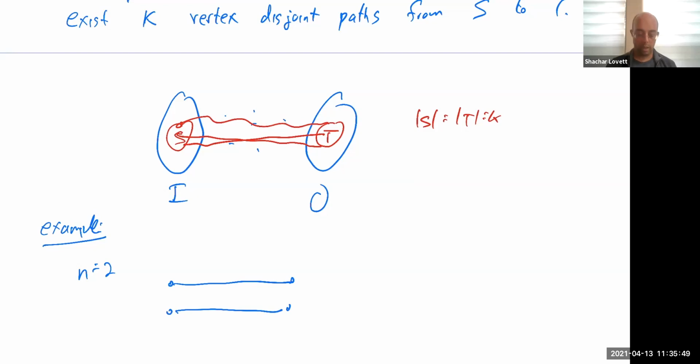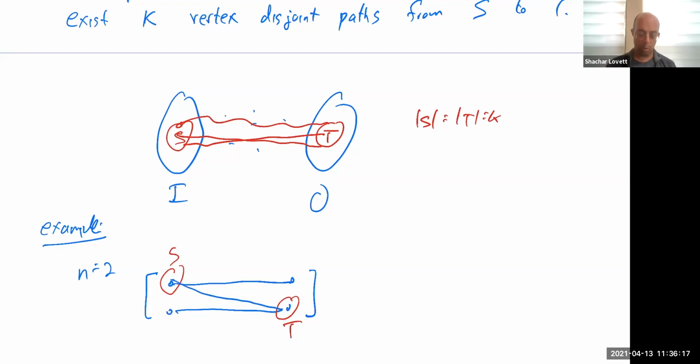Well, if I take these two nodes and these two nodes, all of I and all of O, yes, they are connected by two vertex disjoint paths. That's fine, but if I choose these to be S and these to be T, then they're not connected. So this is not good enough. I need to add more edges.